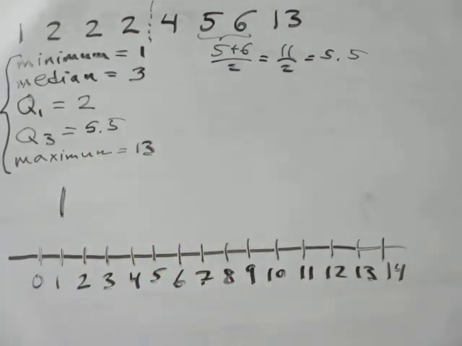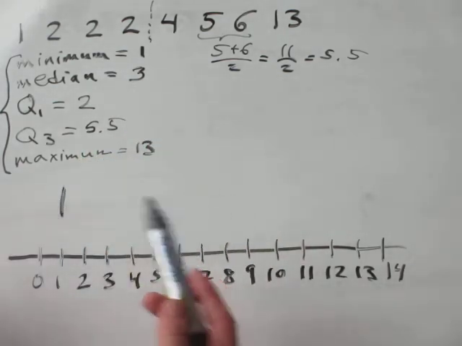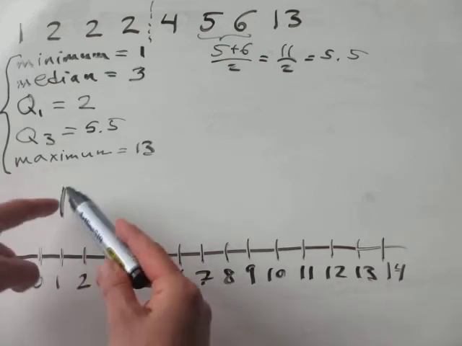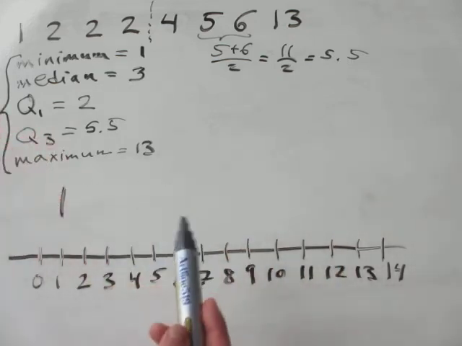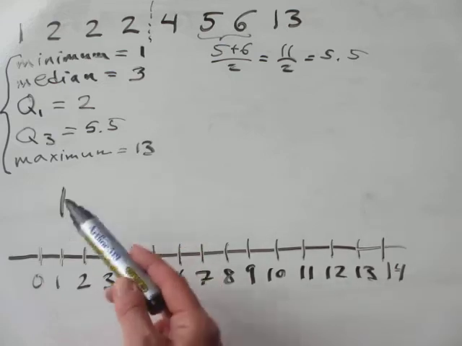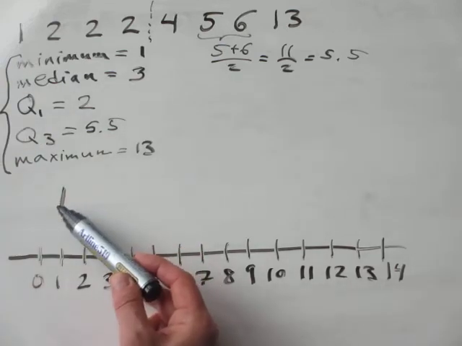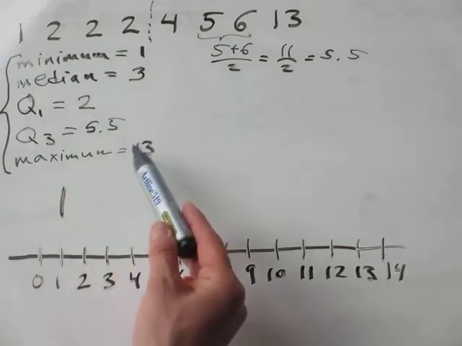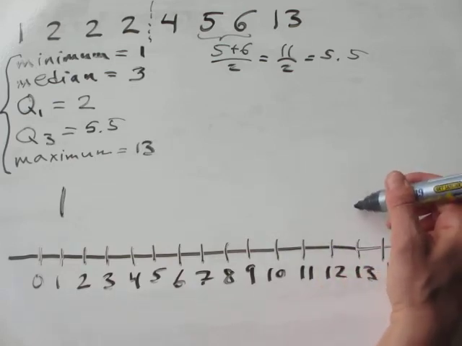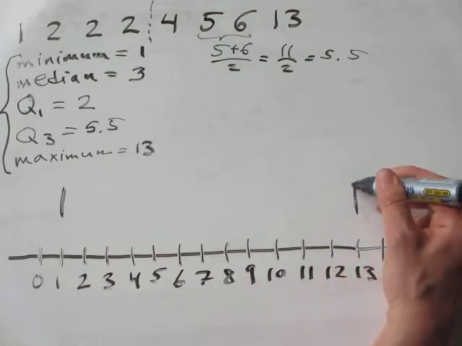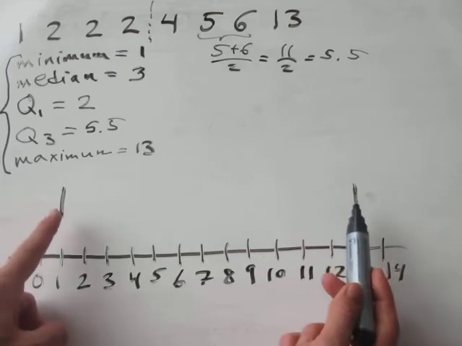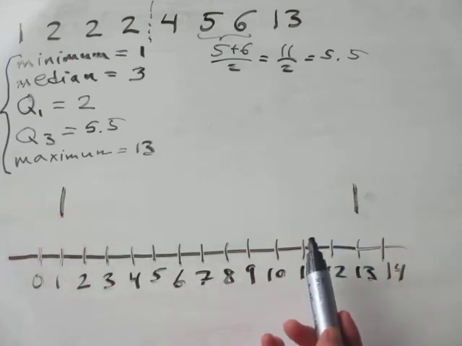Sometimes you might have outliers, but then that's another question. Sometimes an outlier might not be included in the box and whisker plot. But okay, the minimum value is 1 and the maximum value is 13. So these are the limits of this box and whisker plot.